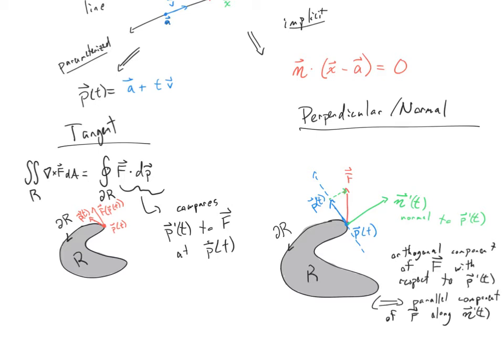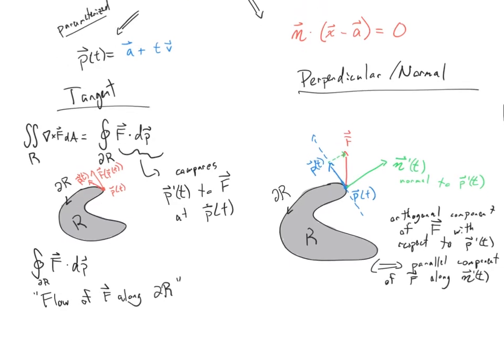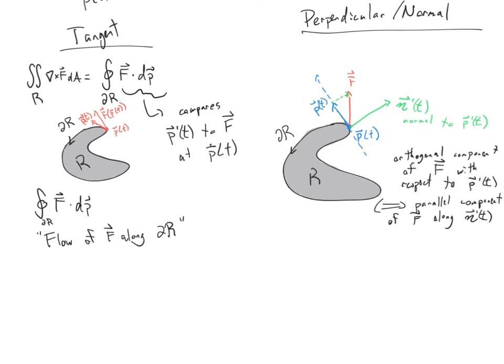So this integral was the flow of F along the boundary of R. Then over here, we're going to come up with another integral, which is the flow across.